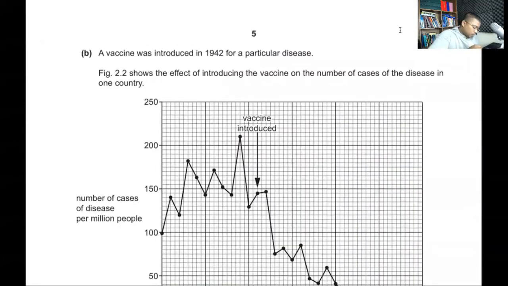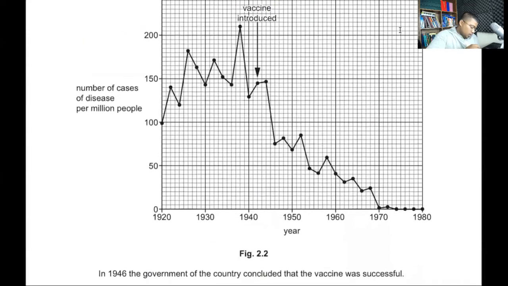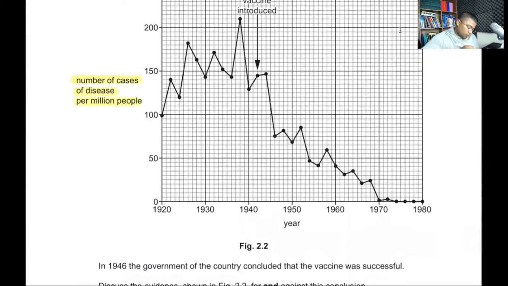Question number B. A vaccine was introduced in 1942 for a particular disease. Figure 2.2 shows the effect of introducing the vaccine on the number of cases of the disease in one country. Number of cases of disease per million people from 1920s to 1980s.